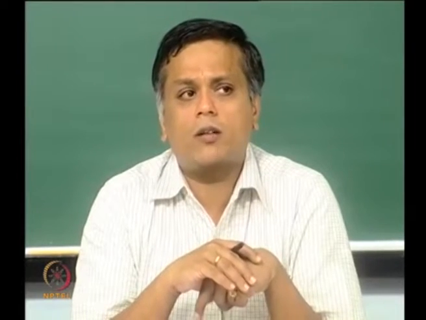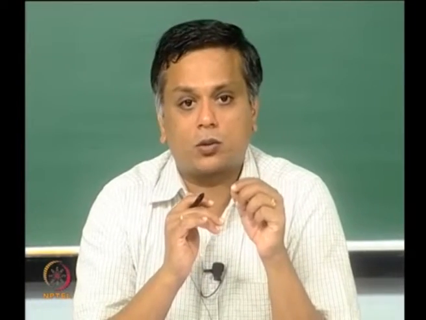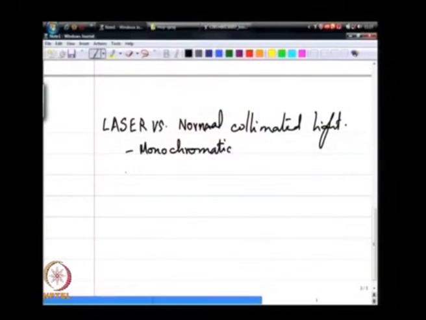Now, you could also get monochromatic torch lights, so to say, that are of a very narrow wavelength spread. So, you can essentially have a monochromatic light source, but the biggest difference between a laser and a normal light source is this idea of coherence. The fact that all the light being produced by the laser, all the photons, are in phase.